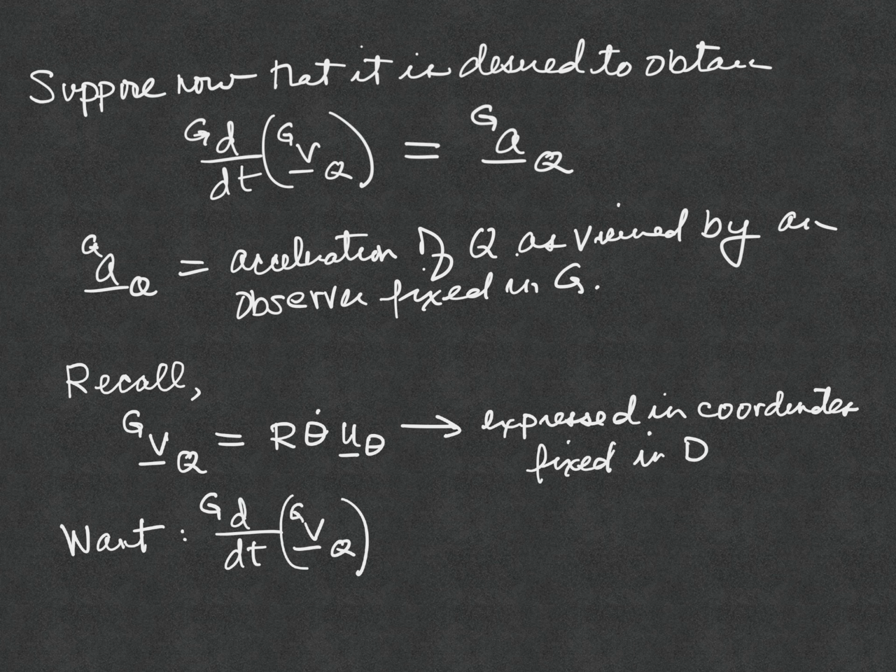So because the derived expression for the velocity of point Q is expressed in coordinates fixed in D, and we want the rate of change as viewed by an observer fixed to the ground of that velocity of point Q in G, we need to apply the transport theorem.